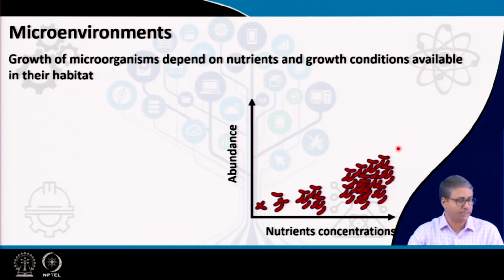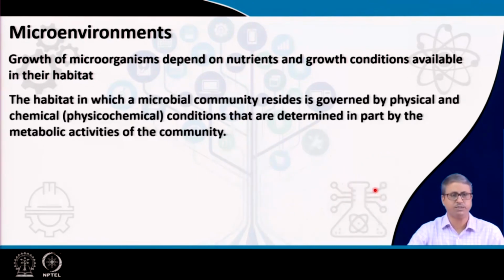Obviously, at some point of time there will be limitation of some nutrients or competition among the species, and eventually the cell decay or cell death will begin. But before that, the supply of nutrients and the favorable growth conditions will all favor the growth of cells present in any environment, and obviously their activities.